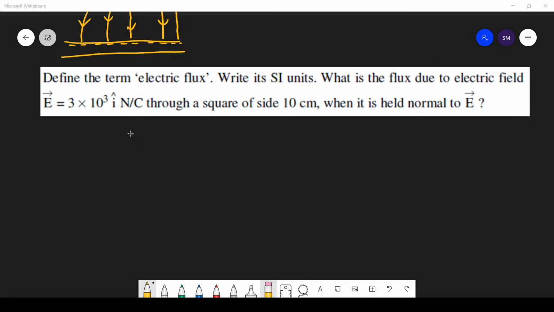Electric flux through an elemental area delta S is equal to the dot product of E and delta S. So delta phi is equal to E dot delta S. Further, if you would like to write the definition, you can also write it as phi equals integral of E dot dS. That is also acceptable.